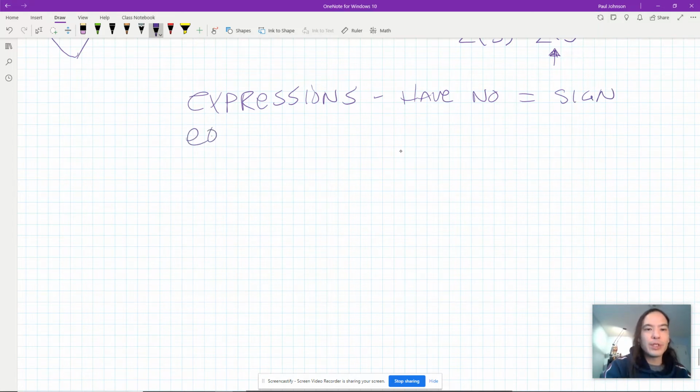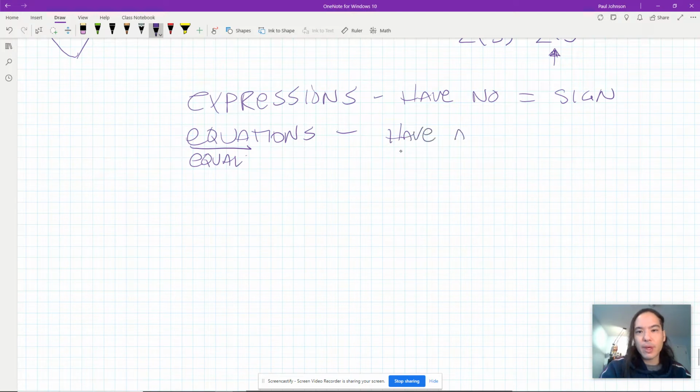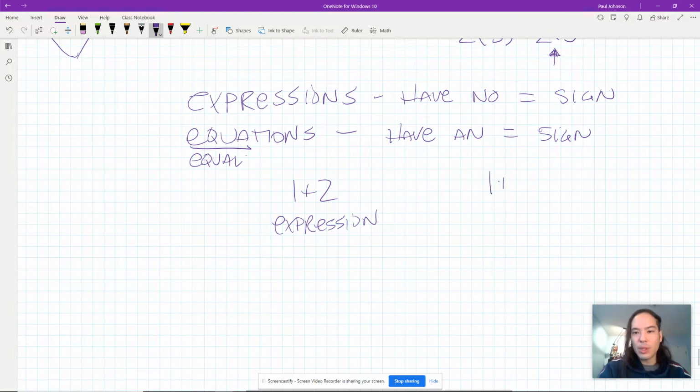And equations, remember, have an equals sign. So once again, 1 plus 2, this is an expression. 1 plus 2 equals 3, this is an equation.